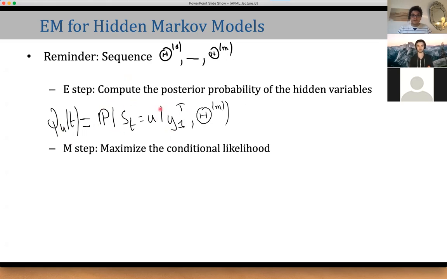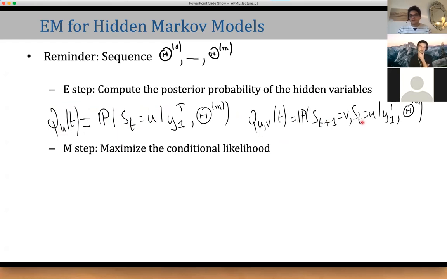So for each position in a sequence, we have our Q values, which will allow us to reweight the observations according to their possible states U. In the same way, for the Markov chain, we also need to compute the joint posterior probability of having state U followed by state V at positions T to T plus 1.